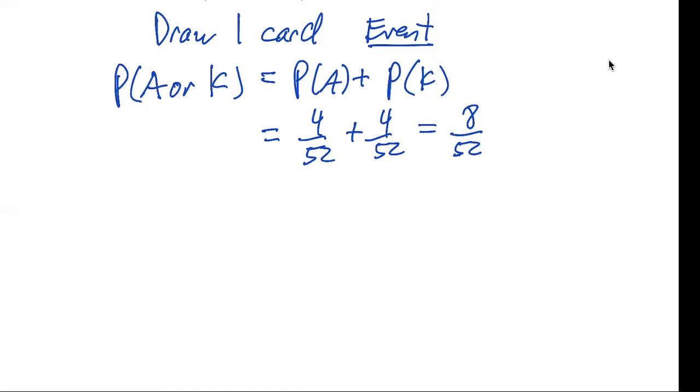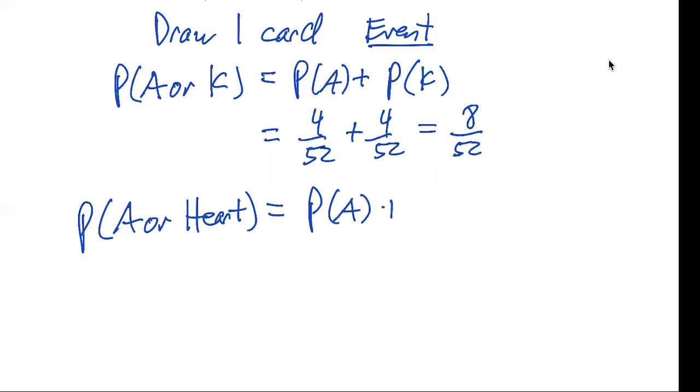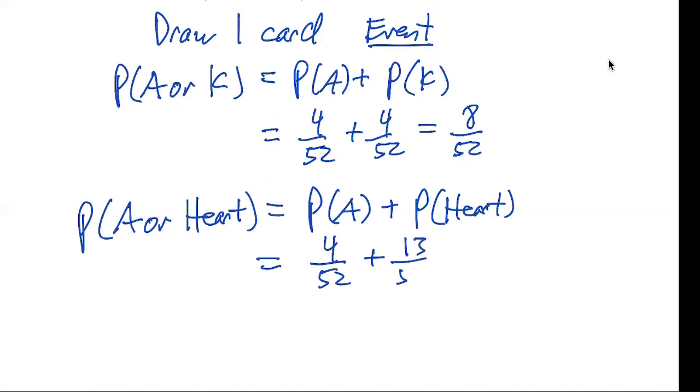So the next thing I'm going to show you, what's the probability of an ace or a heart? Well, if we follow this, probability of ace plus probability of a heart, there's 4 aces in the deck. There's 13 hearts in the deck. We get 17 over 52. Now I'm going to caution you, hopefully there's an alarm that went off.